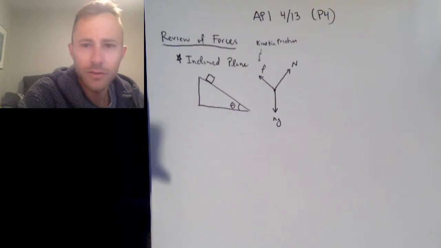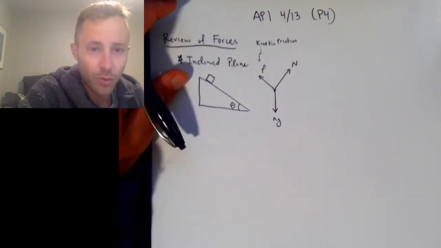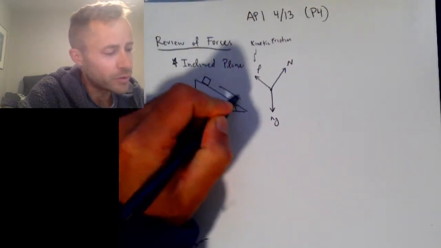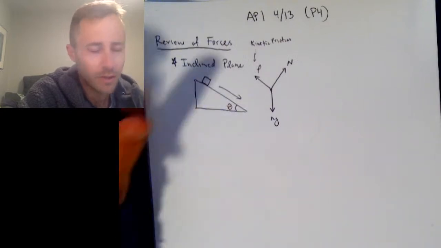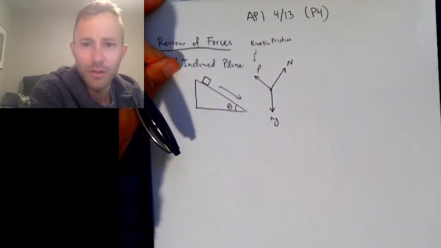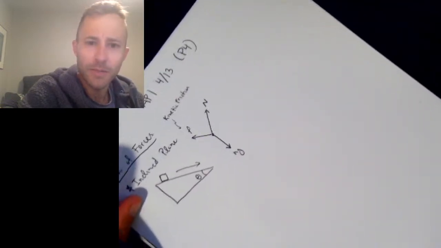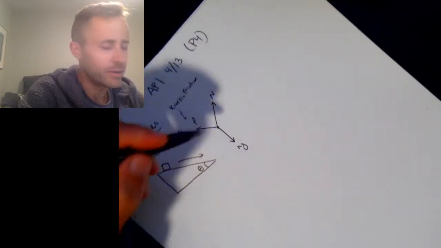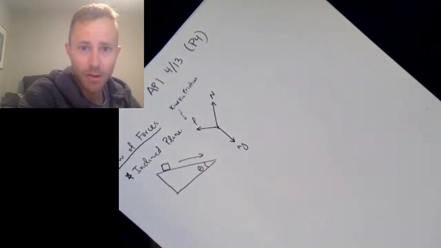All right. So what we then do is we wanted to rotate. So the direction of motion is going to be along parallel to the incline, okay? So what we do is we then rotate the picture, okay, so that the normal force is pointing up and down and the friction force is pointing side to side, okay?